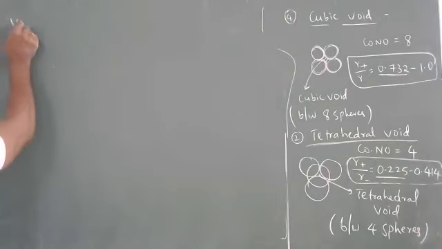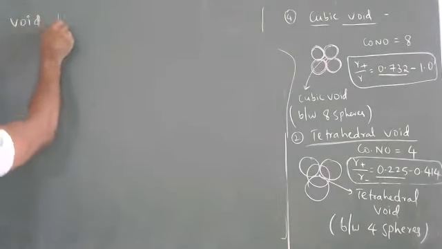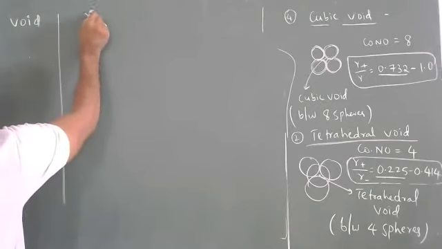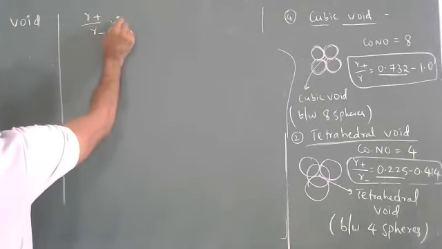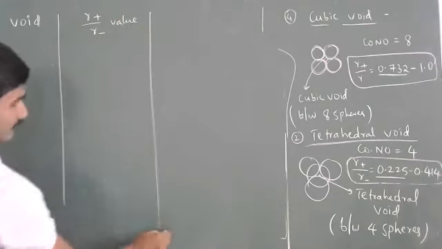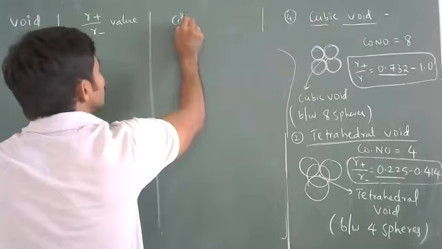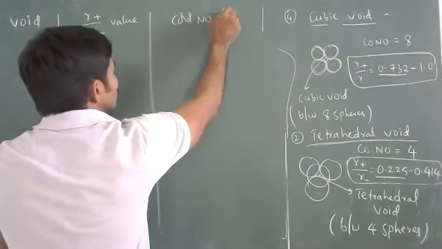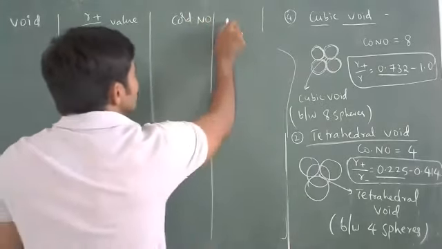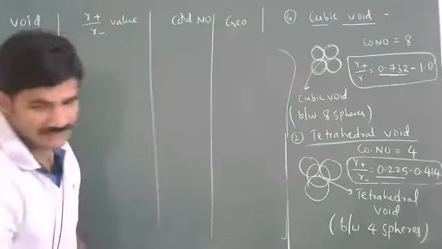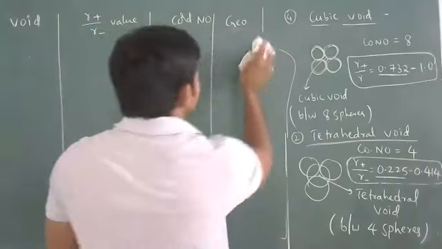All of you note down. Void, radius ratio value, coordination number, geometry. Last column is geometry.